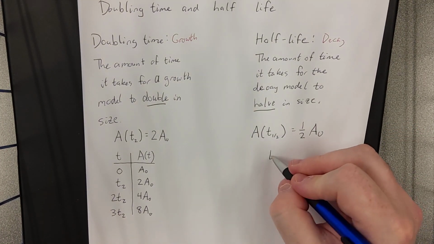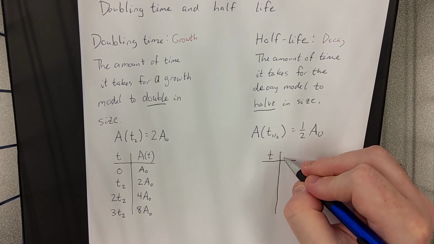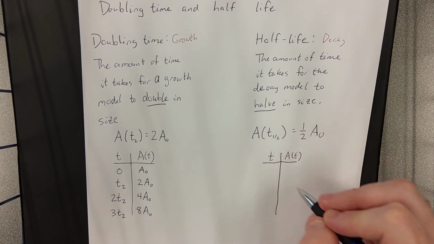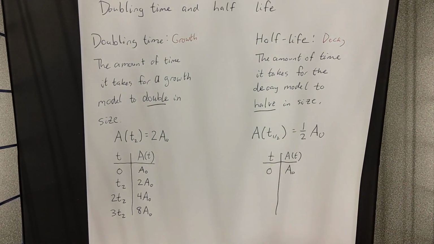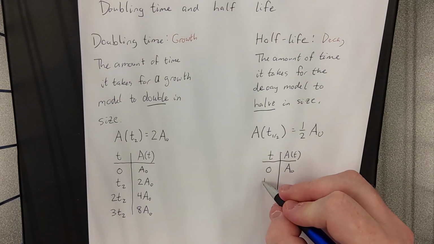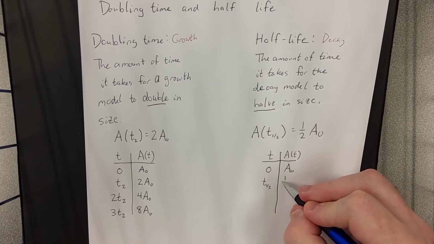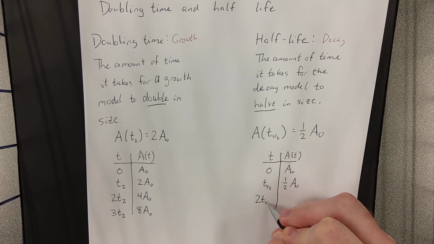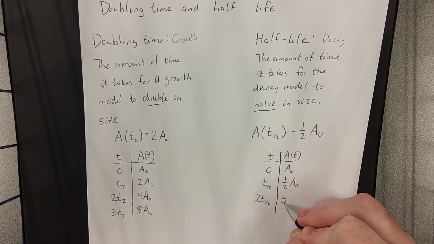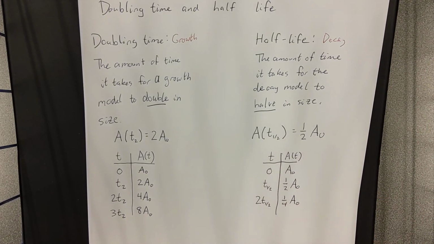In fact, once again, if we make ourselves a little bit of a table, say t and a of t, then initially we'll just have whatever the initial amount is. After one half-life, t 1/2, we'll have half of the original amount. After 2 half-lives, it'll be half of that.